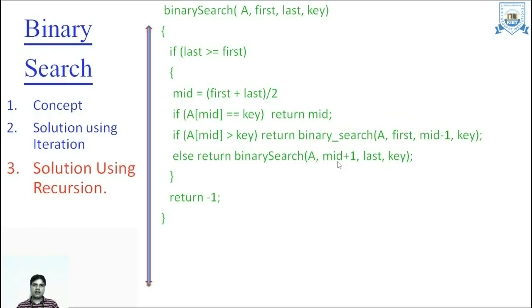It depends on how many elements are there in the array and how many times we need to find the value of mid so that we can reach this base case. Okay, base case of recursion. These are the recursive calls and this is the base case that needs to be reached in order to stop this recursion, in order to get the result. So that way through recursion we can implement binary search.